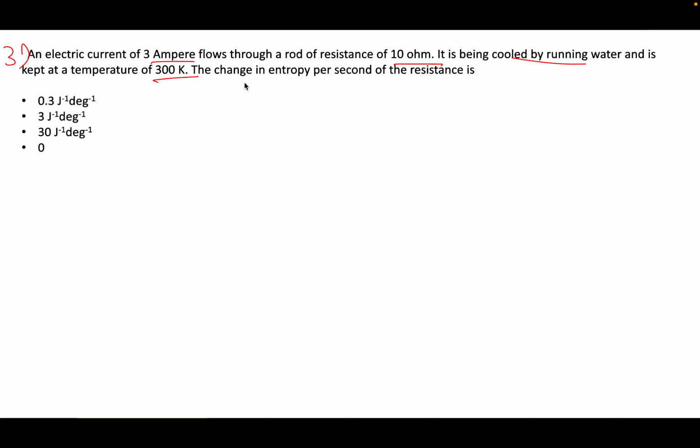Okay, delta T is 0. The change in entropy per second of the resistance is... So delta T is 0, and we know that it is a solid, so delta V is also 0, and we cannot change pressure, so delta P is also 0.